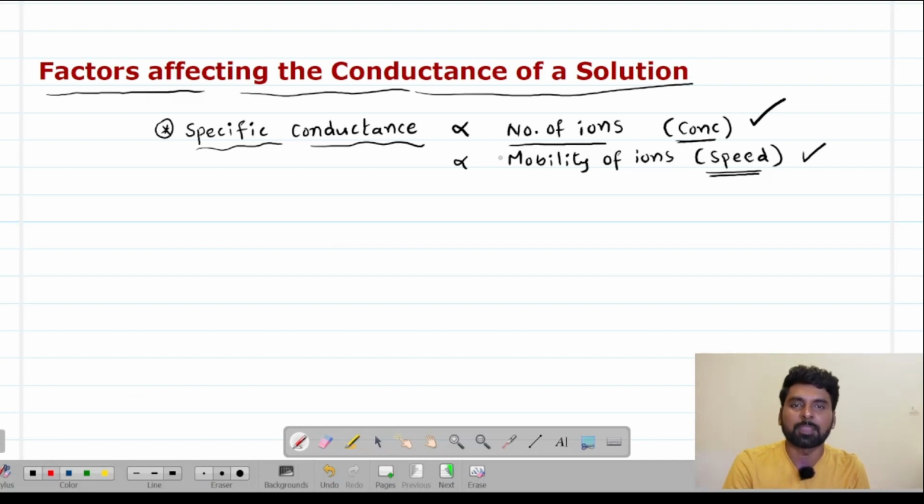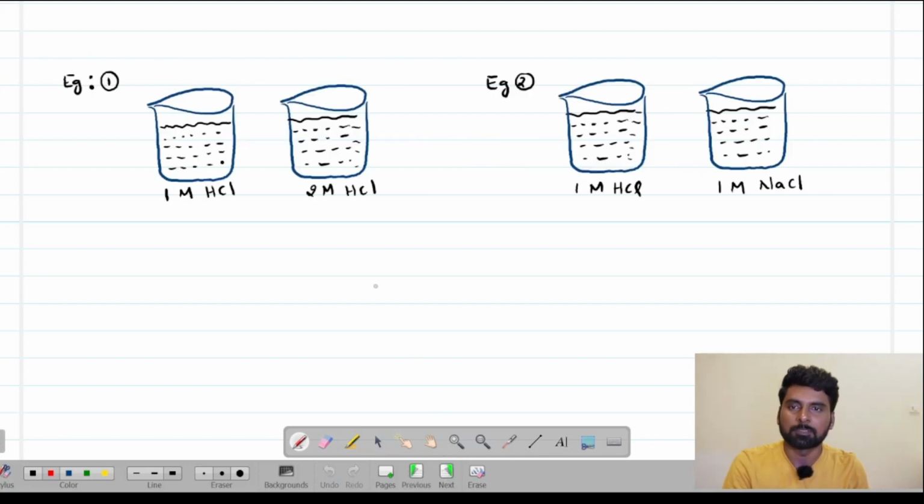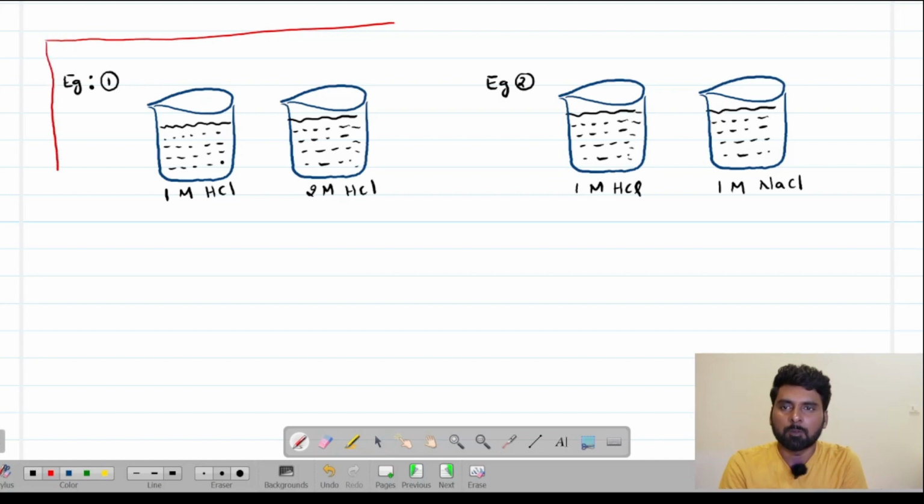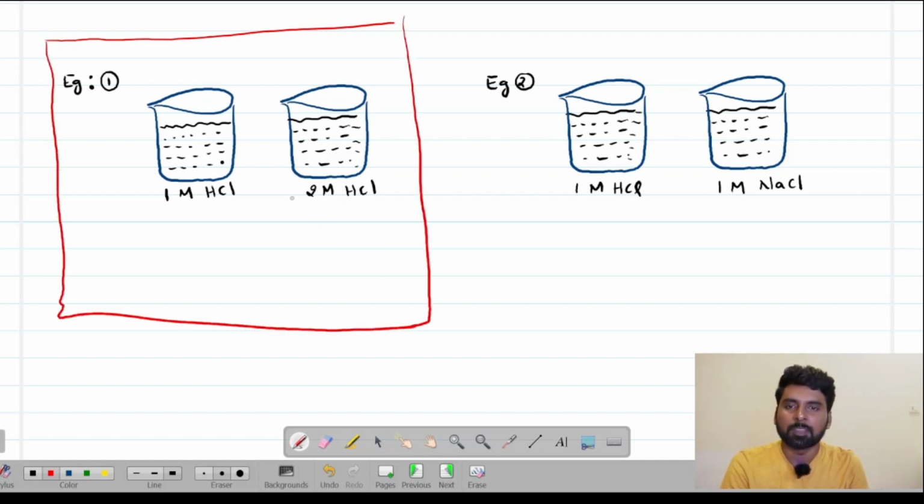Let us see some examples to understand how these factors are taken as criteria for telling the specific conductance value. Let us take some examples. See example 1 first. In example 1, there are two solutions made up of the same chemical, that is HCl, here also HCl.